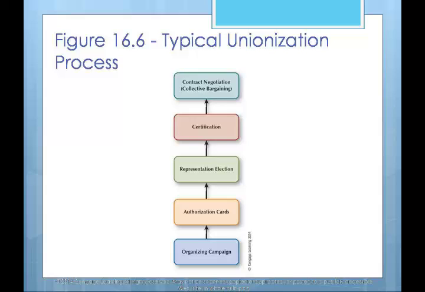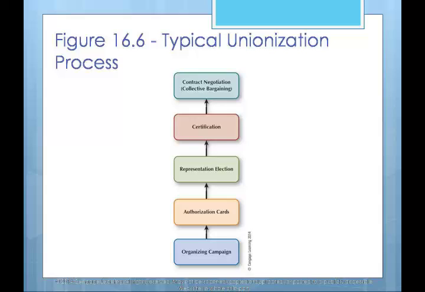Companies can hold mandatory meetings, but you've got to be careful distributing anti-union leaflets, or providing videos to explain to your employees what a union provides or does not provide. And then you get authorization cards.